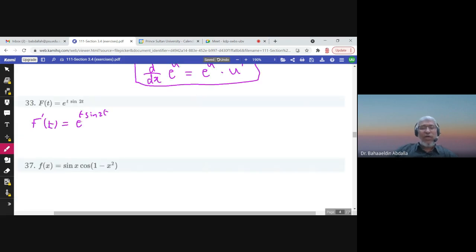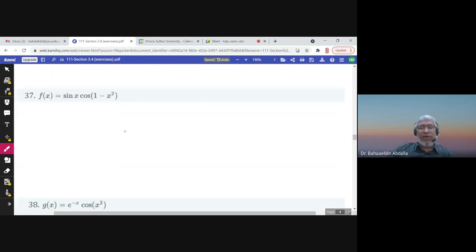So here e to the power u times u prime. But u prime now is a product. We have products, we use the product rule. So the derivative of t is 1 times sine 2t plus t times the derivative of sine 2t, which is cosine 2t, times the derivative of 2t, which is 2. So that's the answer.